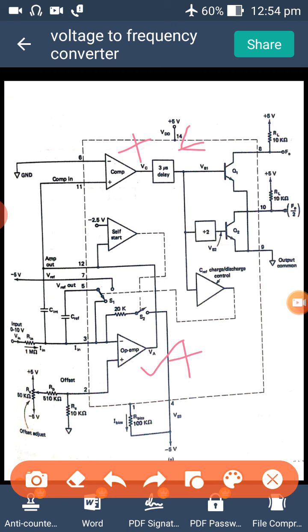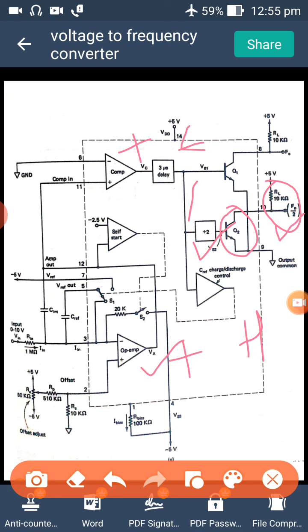If a low is given here, it will produce a high at the output, so now the input to the transistor Q2 is high, right? If a high voltage is given to the transistor, then the transistor will obviously be on now. If the transistor is on, then again the reverse.